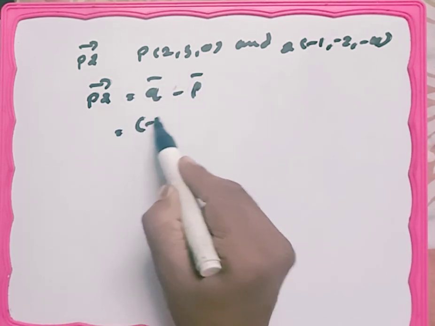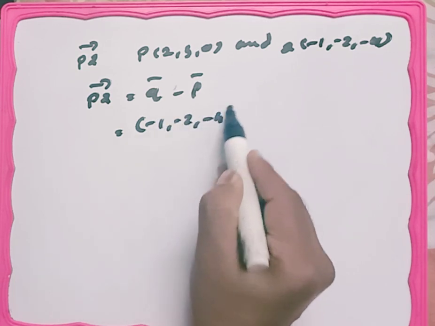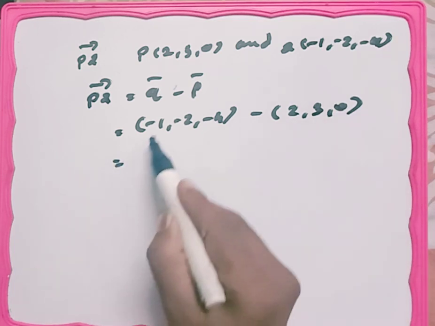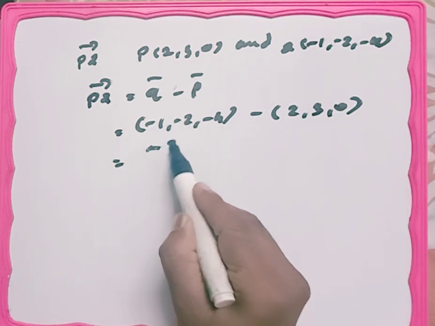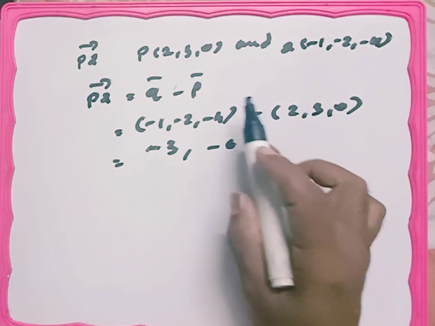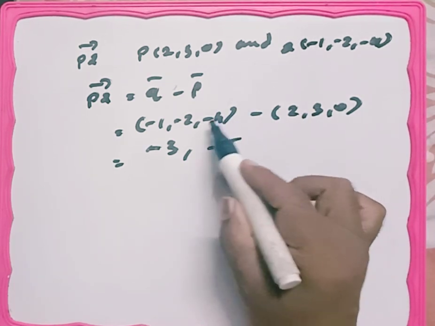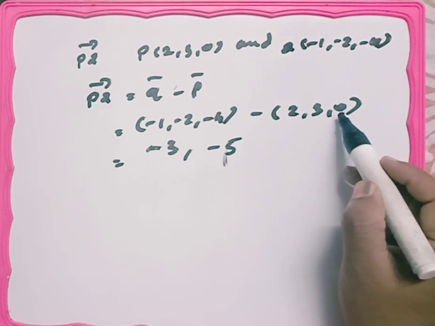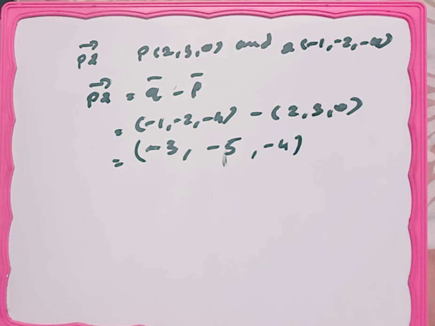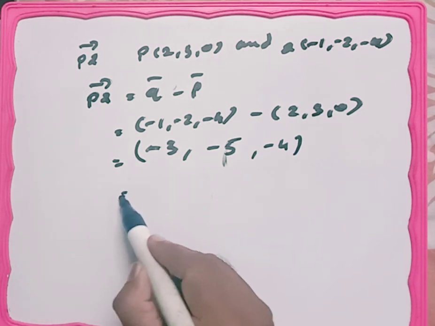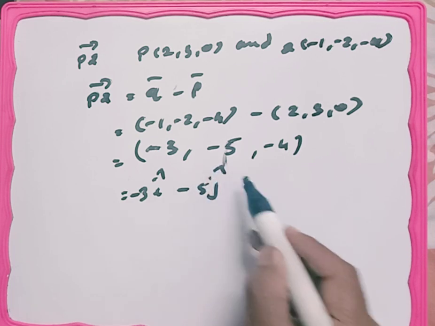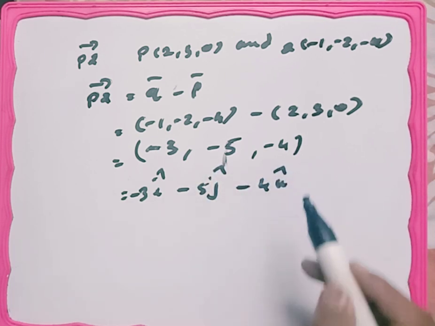So Q vector is (minus 1, minus 2, minus 4) minus P vector (2, 3, 0). So minus 1 minus 2 is minus 3, minus 2 minus 3 is minus 5, and minus 4 minus 0 is minus 4, and so the required vector is minus 3 i cap minus 5 j cap minus 4 k cap.